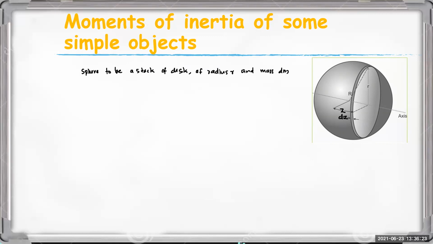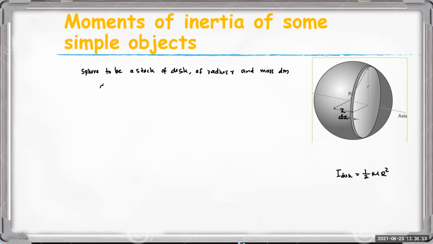Then, what is the moment of inertia of a disk? We know that I disk is given as 1/2 m r squared, where m is the mass and r is the radius.